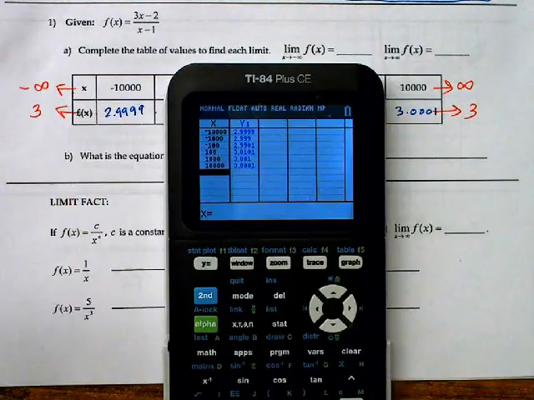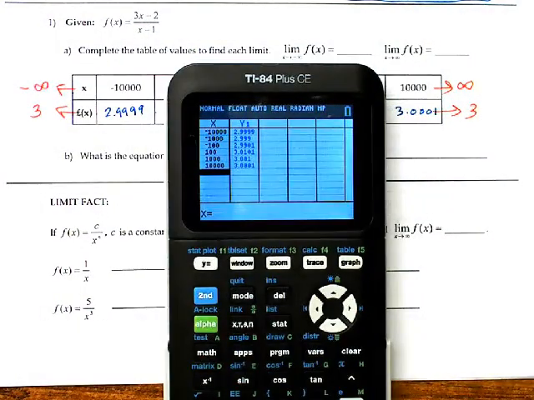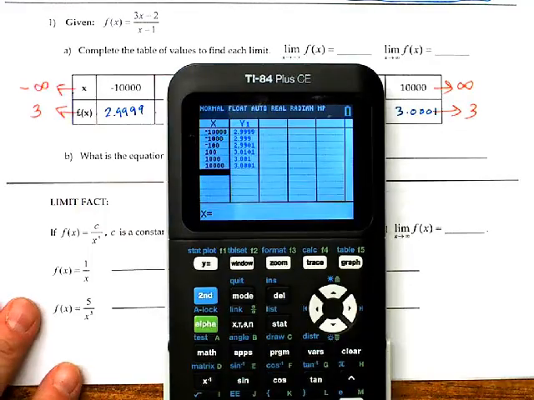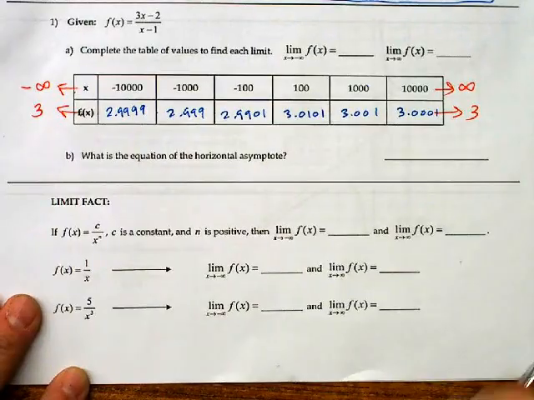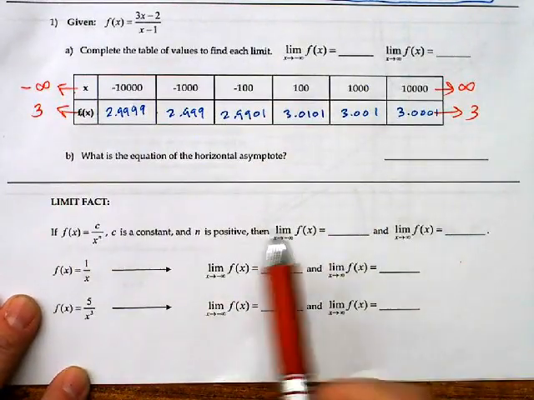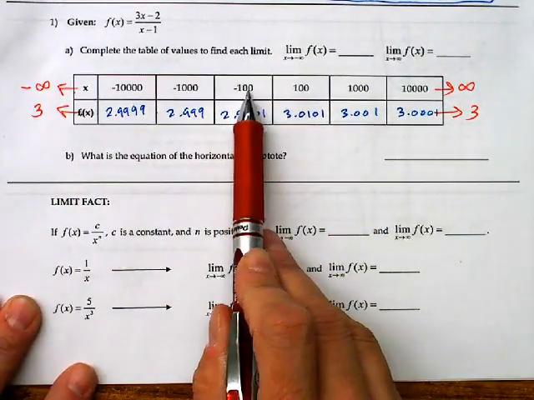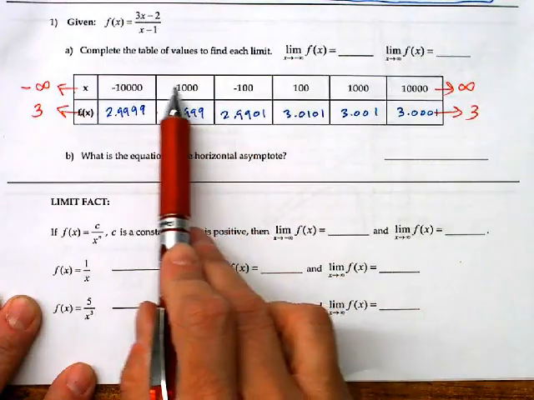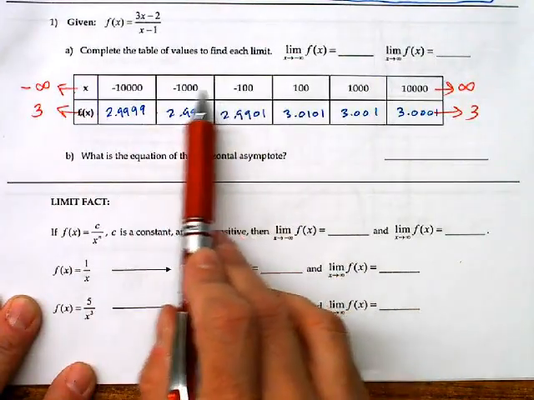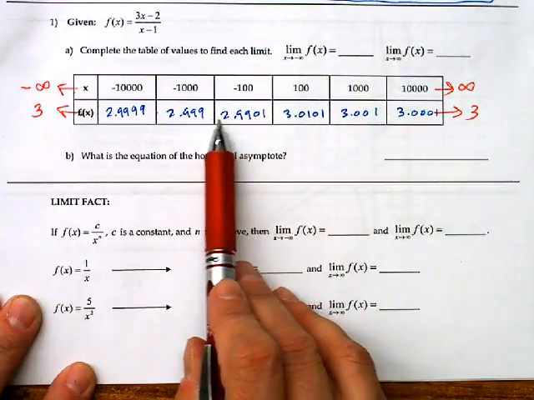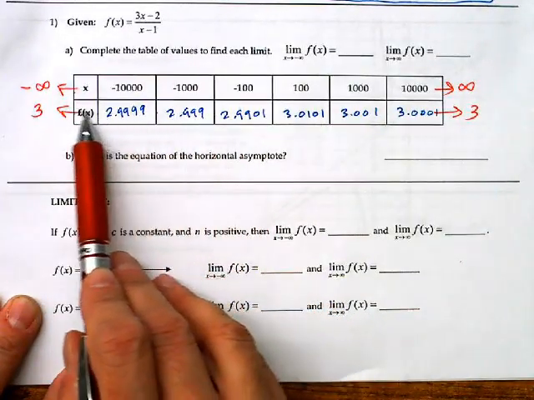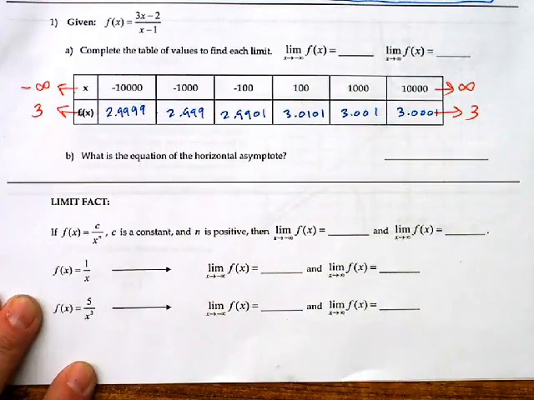All right, welcome back. Let's take a look at how that table played out. I've recorded all of these values in this table, and now we can try to analyze what's going on. As I mentioned before, walking from the center out, these x values are approaching negative infinity, and the y values do seem to be honing in on the value of 3.